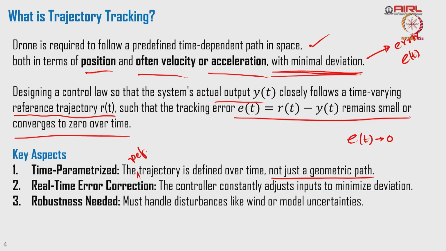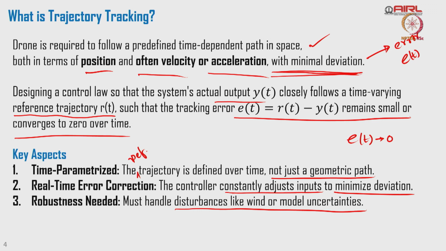Second thing is that the real time error correction should be there. The controller should constantly adjust control inputs to minimize this deviation. And there should be some assurance of robustness, because there will be disturbances like wind or model uncertainties in the environment. So, the controller which we are going to design for trajectory tracking of drones should be robust also.